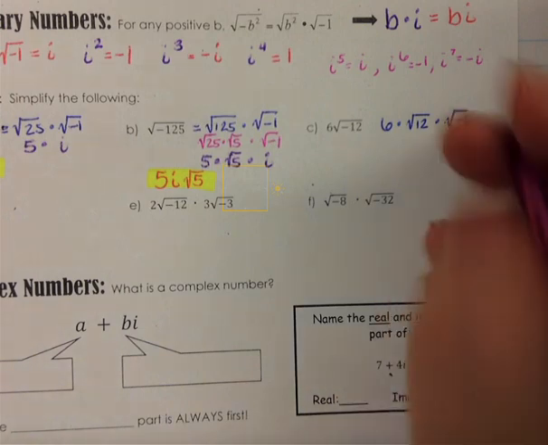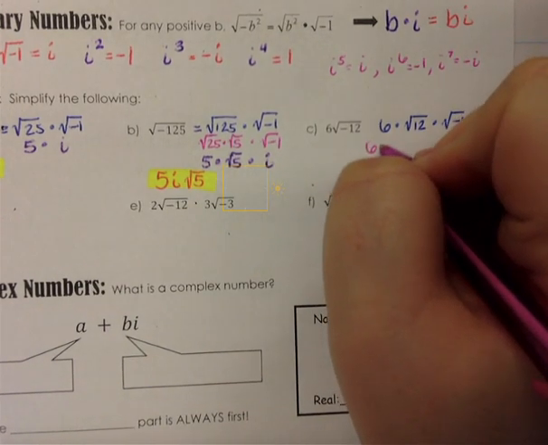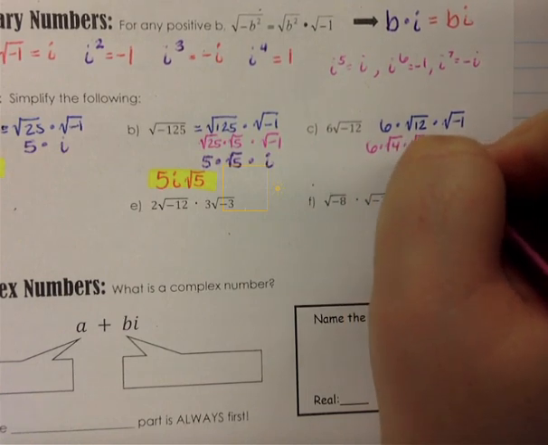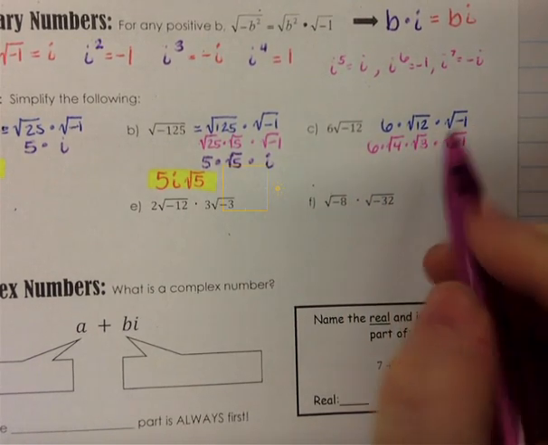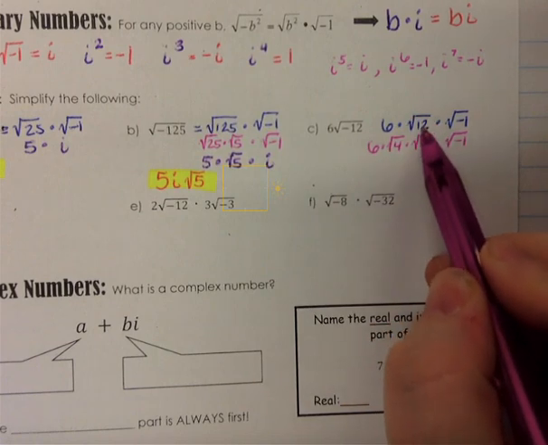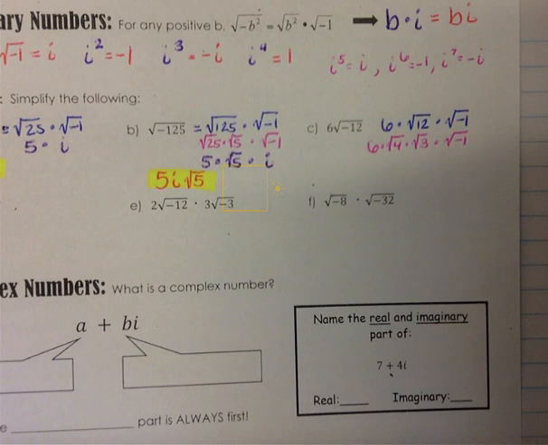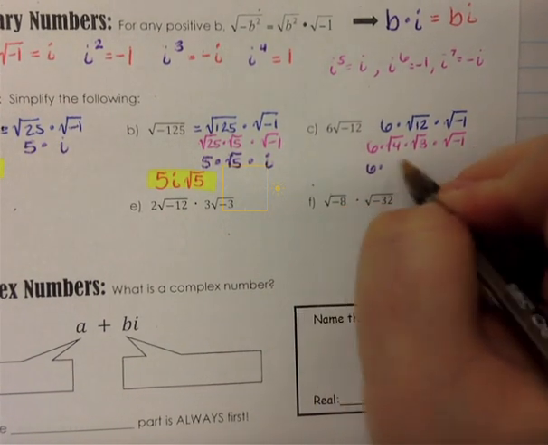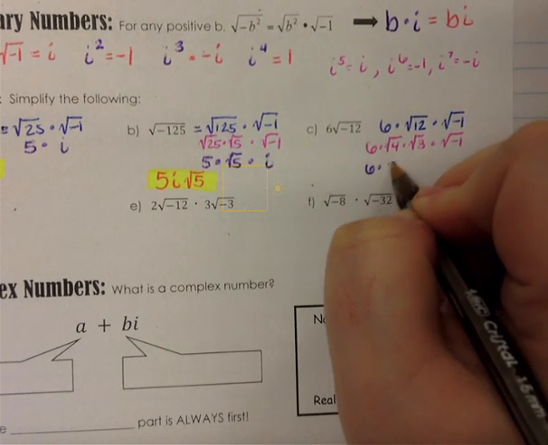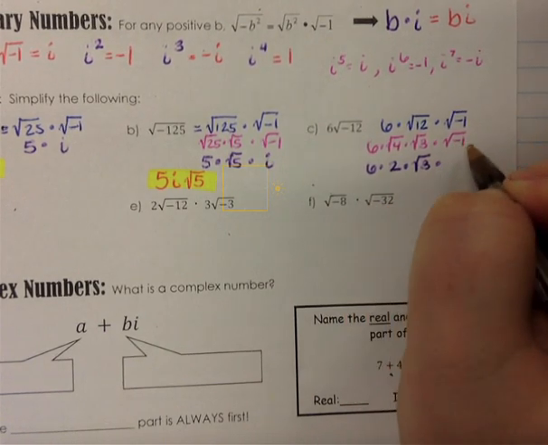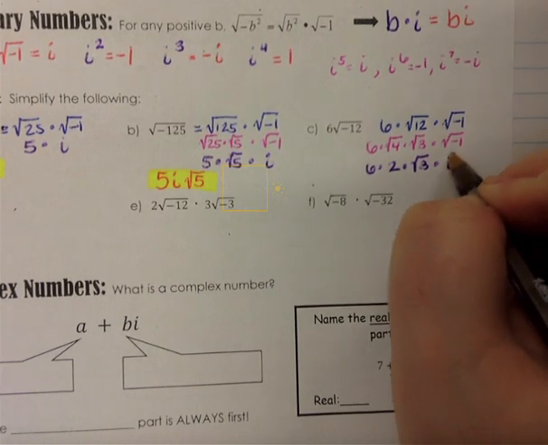So we still have the 6 on the outside times the square root of 4 times the square root of 3 times the square root of -1, because all I did was simplify the square root of 12, and now we can simplify those. We still have the 6 times the square root of 4, which is 2, times the square root of 3, which will not simplify, times the square root of -1, which is i.